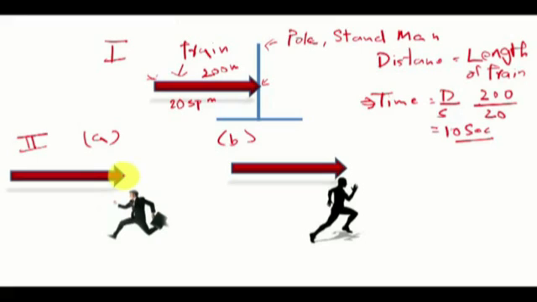And what about speed? Now here I can't take just the train's speed. I have to take relative speed because there are two objects moving. When I talk about relative speed, the question comes whether it is a plus b kilometers per hour or a minus b kilometers per hour. We take a plus b kilometers per hour when the objects are moving in opposite directions.